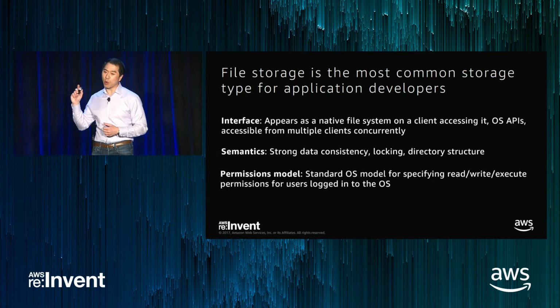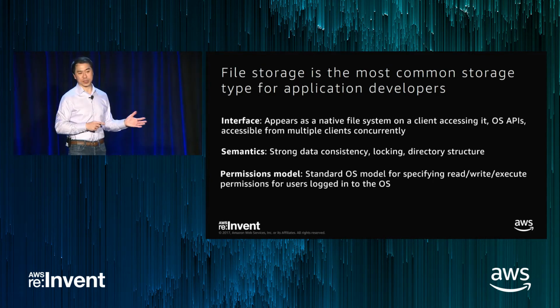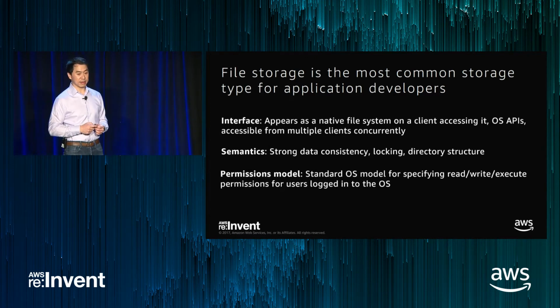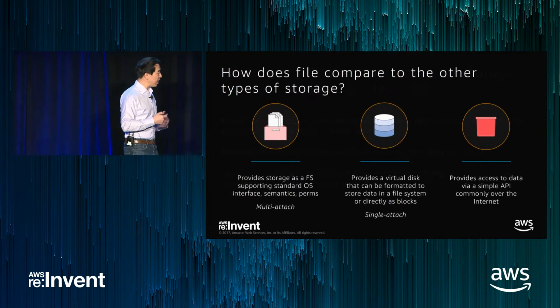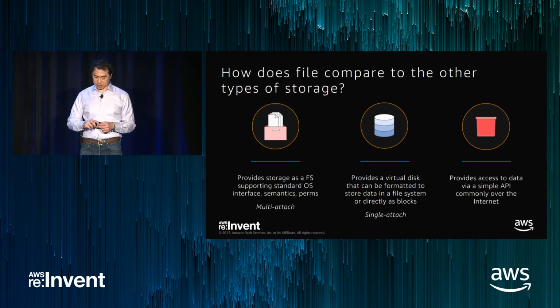And we think this is important and exciting for customers because up to 80% of unstructured data today is in file systems. Right? So this is a native way to support file system applications for your customers.